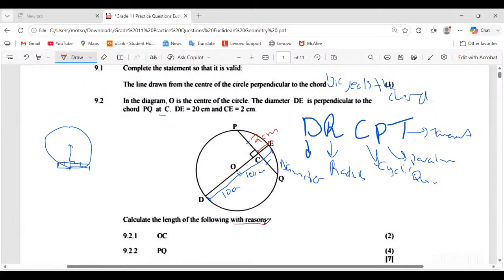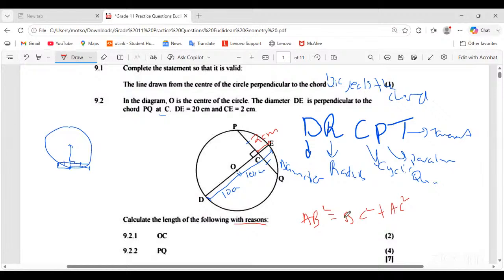So this is very, very important, guys, in Euclidean geometry. In Euclidean geometry, you need to provide the statement and the reason in order for you to get the full marks. If maybe you say AB squared is equal to BC squared plus AC squared. Why do you say this? This is the only statement.